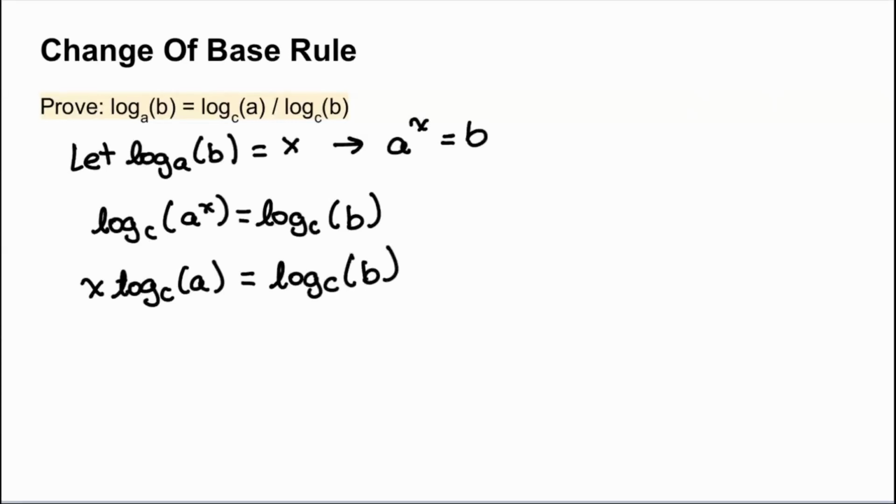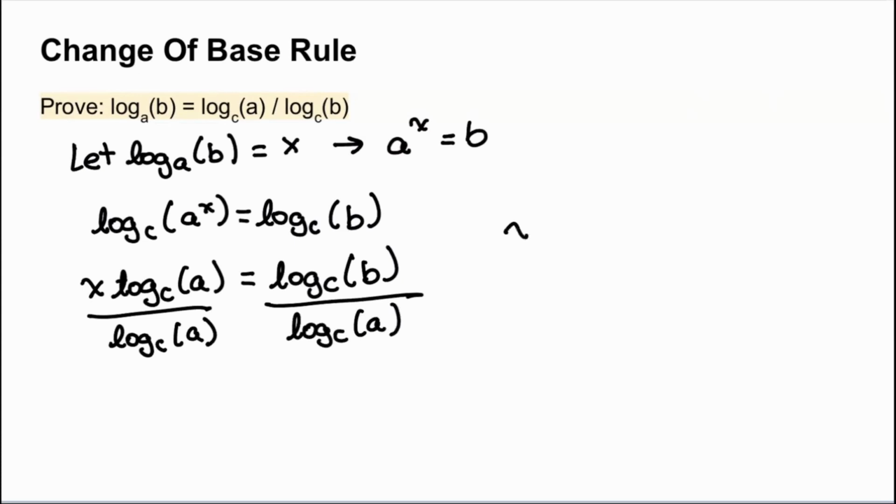And now we're going to isolate X. We're going to divide by log base C of A on both sides. And now we have that X is equal to log base C of B over log base C of A. And X, we're going to sub in what X was originally.